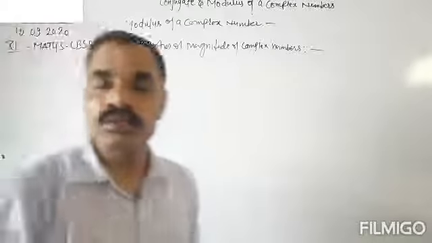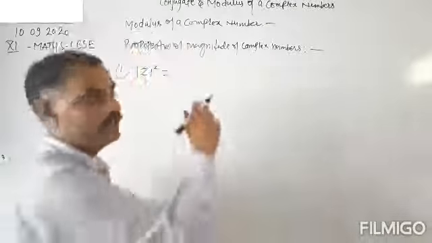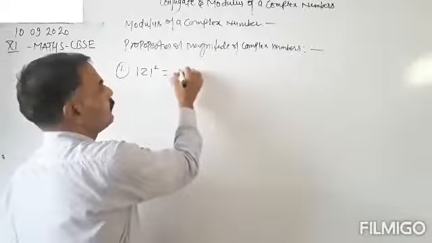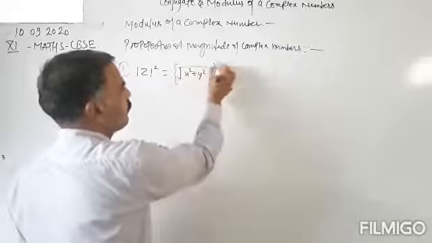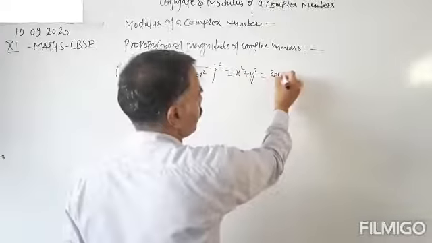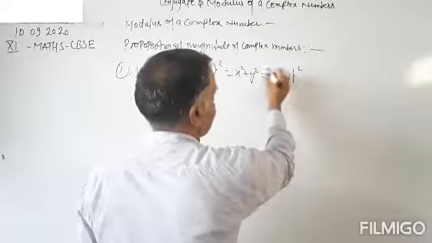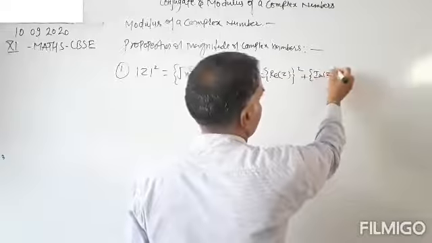We know that magnitude z equals under root x square plus y square. That is why magnitude z square equals under root x square plus y square whole square, which equals x square plus y square. That equals real part of z square plus imaginary part of z square.